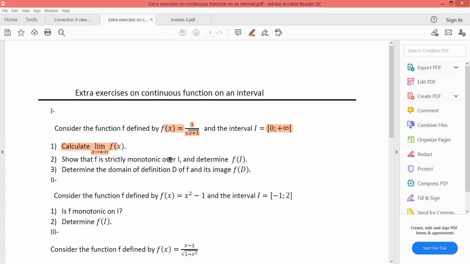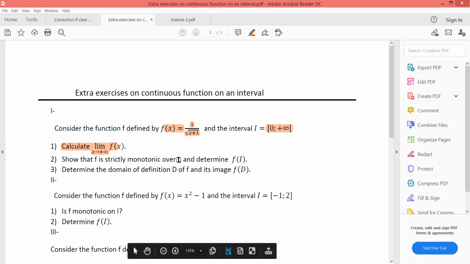Now, second part. Show that f is strictly monotone over I. How to prove f is strictly monotone over I? We compute f prime of x, continuous and increasing or decreasing. Strictly monotone means either increasing or decreasing. How to calculate the derivative? (u prime v minus v prime u) over v square. What is u prime? 0. Minus v prime. What's v prime? 1 over 2 radical x plus 1.